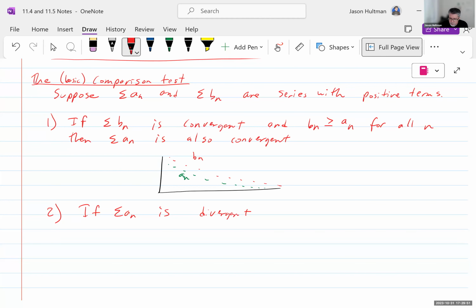So if b sub n converges, and b sub n is the one on top, then it's going to force a sub n to converge. But if a sub n, the smaller one, is divergent, and b sub n is greater than or equal to a sub n for all n, then the summation of b sub n is also convergent. I'm sorry, divergent, is also divergent.